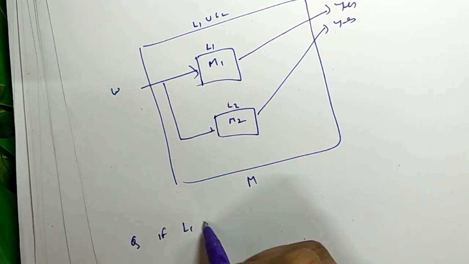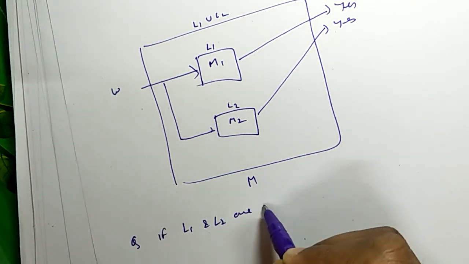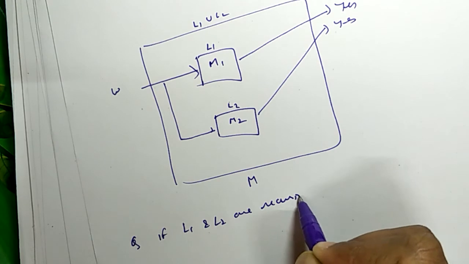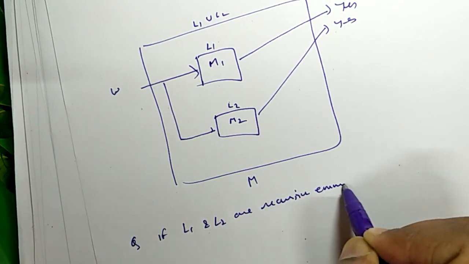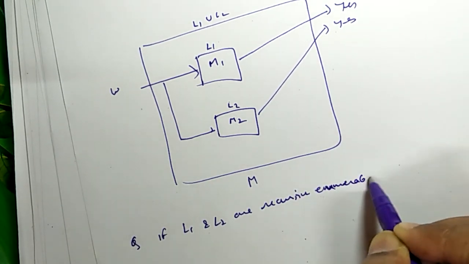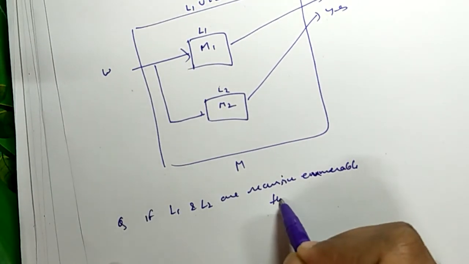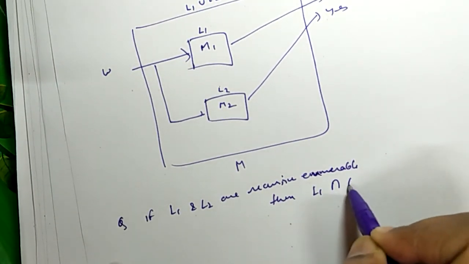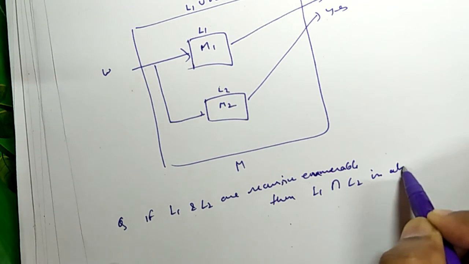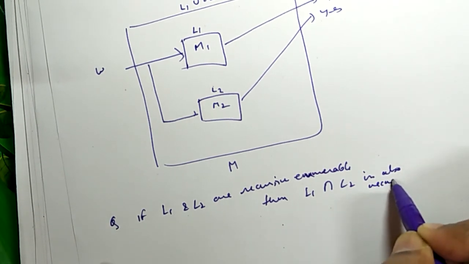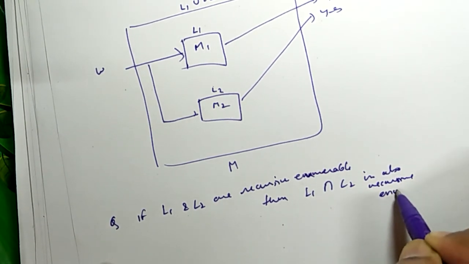If L1 and L2 are recursive enumerable, then L1 intersection L2 is also recursive enumerable.